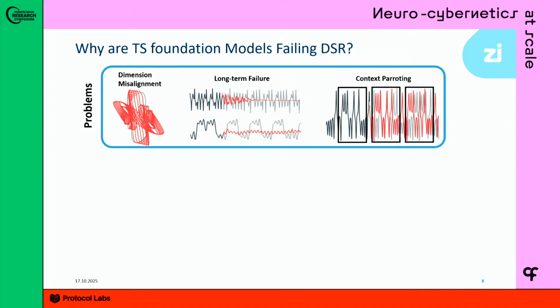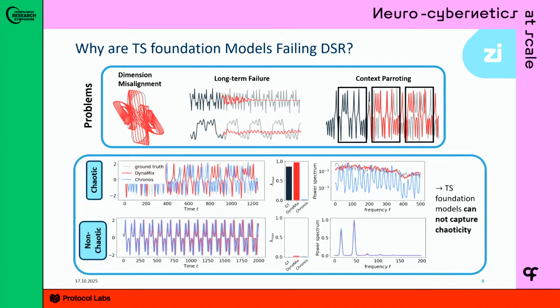And especially in transformer-based architectures, one often has this context parroting mechanism, where the transformer-based model just copy-pastes the context. Due to this context parroting mechanism, these models are unable to predict chaotic behavior, as you can see here.